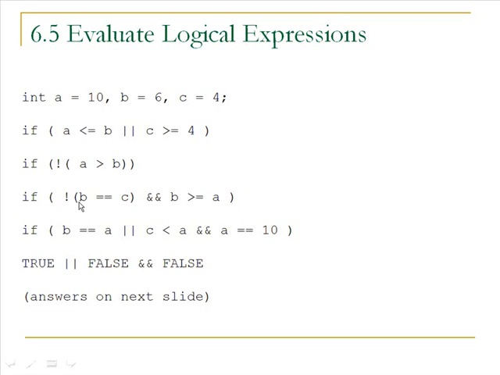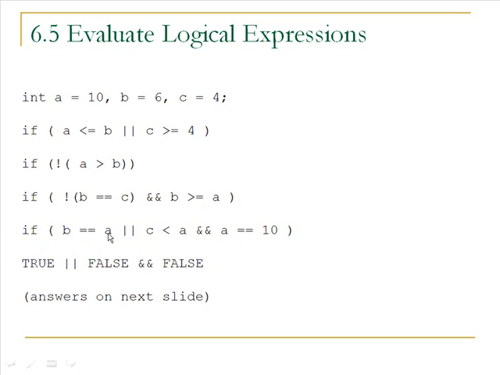In the next one, B is equal to C. 6 is equal to 4. That's false. Not false is true. True and B is greater than or equal to A. 6 is greater than or equal to 10 is false. And in the next one we have the situation where we have an or and an and in the same expression.